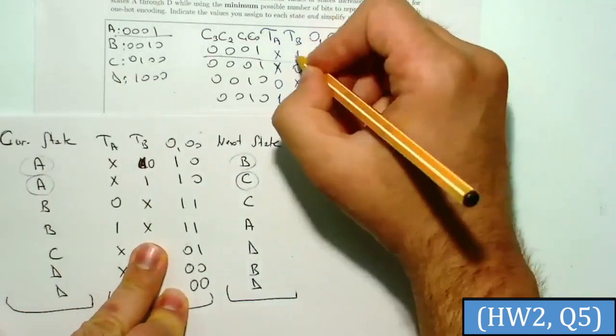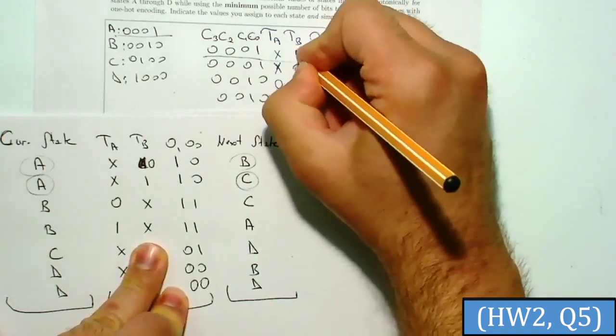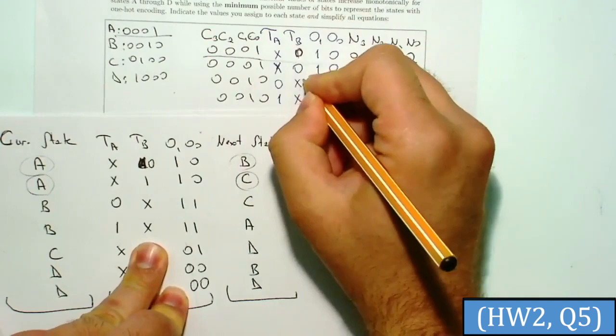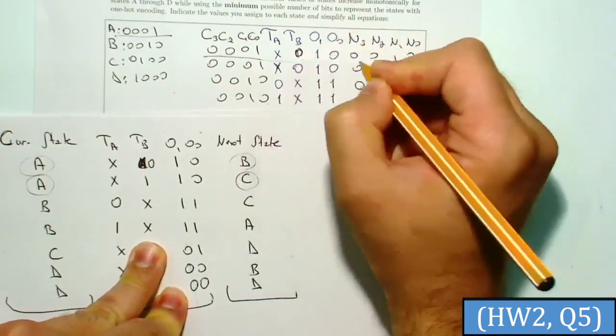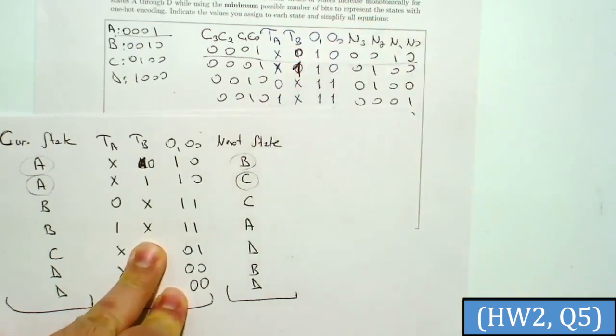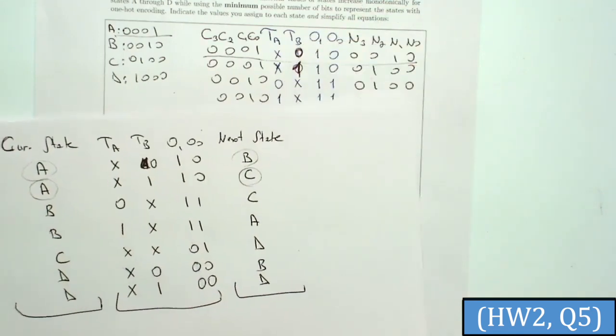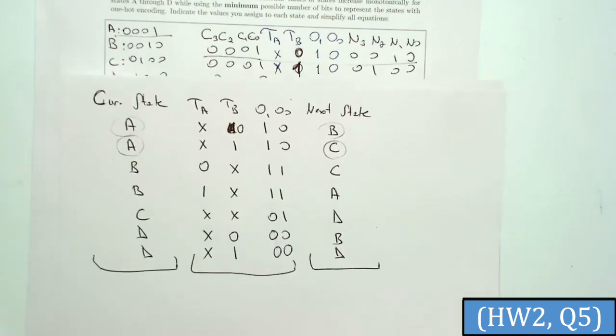So this will be 0, right? Yeah. And this will be 1, I guess. Yes, that's true. When TB is 0, I go to B, and when TB is 1, I go to C. Yeah, that's correct.